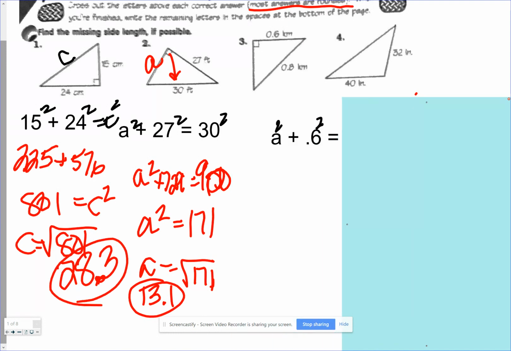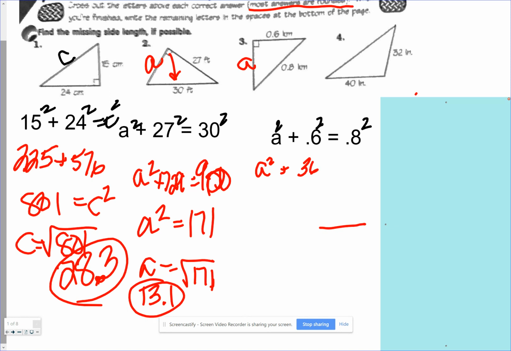All right, let's check this next one. Here, notice you have 6/10 is one leg. We don't know this leg, and the hypotenuse is 8/10. So this is going to end up being a subtraction one. So you have a squared. When you take 6/10 squared, you end up with 36 hundredths. When you take 8/10 squared, you end up with 64 hundredths.